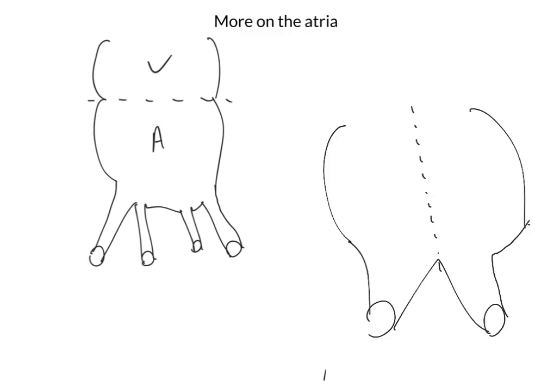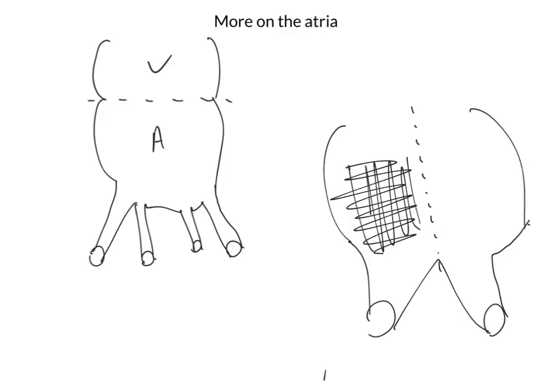The rough portion of the adult atrium is derived from the primitive atrium. So the rough portion, which I'm depicting with this kind of shading, is the portion of the adult atrium derived from the primitive atrium itself. Whilst the smooth portion of the atrium is derived from the sinus venosus.